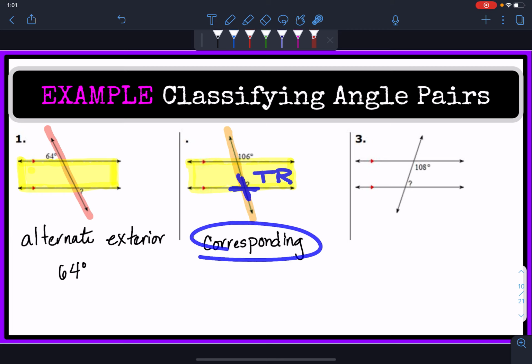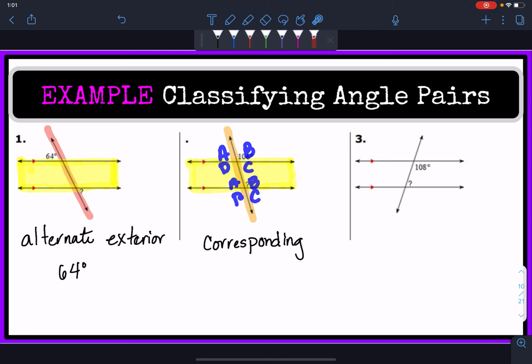That's what corresponding means. They're in the same location among the four angles that are created. If you label them A, B, C, and D, and label the bottom ones A, B, C, and D as well, notice that they're both located in position B. So they're corresponding angles, and the significance of corresponding angles is that they're equal to each other.